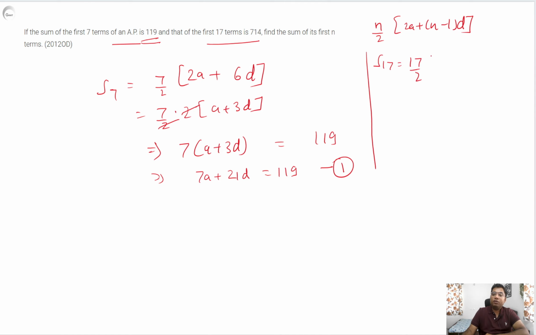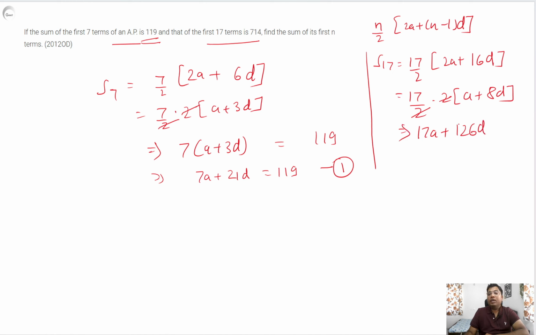Okay, now for S17, we are going to do something similar. So 17 by 2 and 2a plus 17 minus 1, which is 16d. So 17 by 2, and 2 is common, you will get a plus 8d. 2 and 2 cancel out. You have 17a plus 126d. Okay, sorry, 136. 8 7s are 56, 6 carry 5.